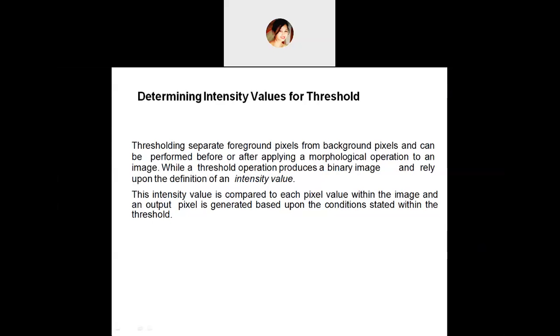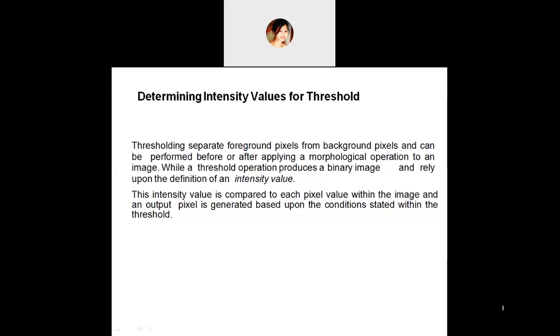An intensity value is nothing but the brightness or intensity level of an image. The intensity value is compared to each pixel value within the image, and an output pixel is generated based upon the conditions stated within the threshold.